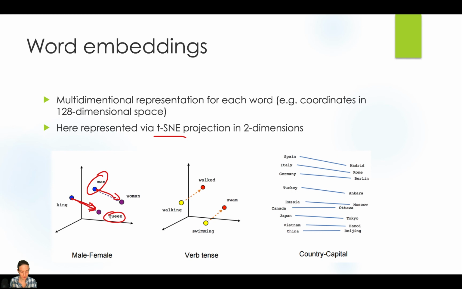We see similar translations for conjugated verbs, for instance. So these learned vector embeddings are extremely useful for representing words in a meaningful way, because the closer the words are, the more similar they are, and we can also define relationships between different words.